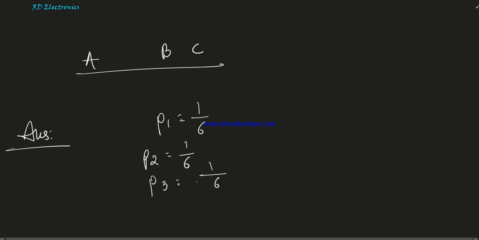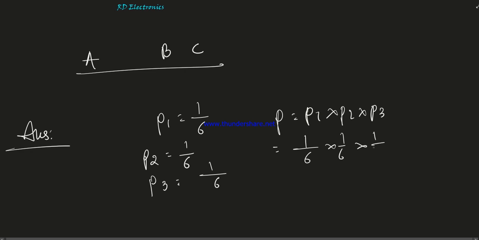So now the probability that all three dice A, B, C show the face 1 up, again we apply the multiplicative law: P1 times P2 times P3, that is 1 by 6 times 1 by 6 times 1 by 6, which is 1 by 216.